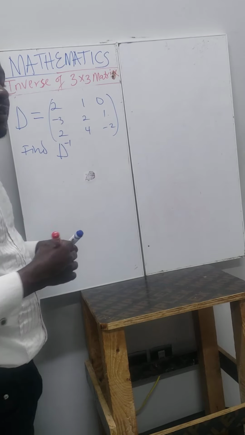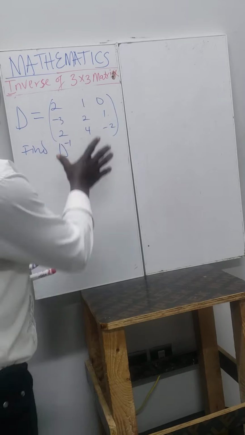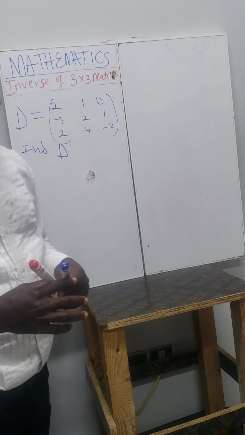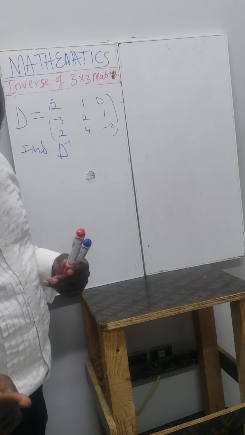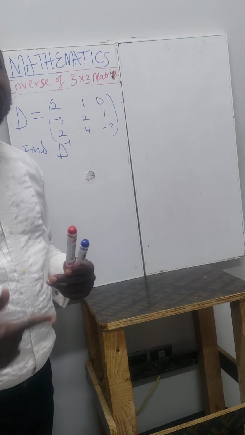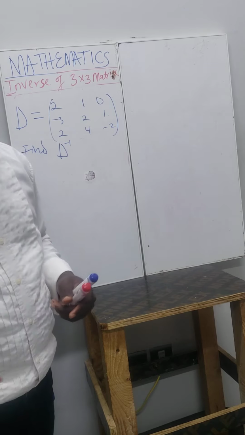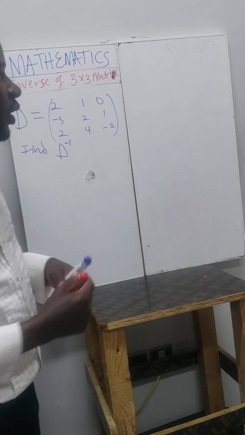The first step that we have to take is to find the determinant of the matrix D. Nobody asked us to find the determinant, but it's among the steps that is required of us to carry out.